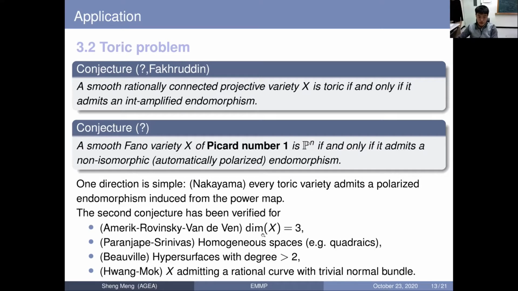Especially, it is now known for dimension 3, and these two imply that if it admits a non-isomorphic endomorphism, it cannot be a hypersurface of a projective space. Huang and Wang also show that it is not possible for a variety admitting a rational curve with trivial normal bundle.